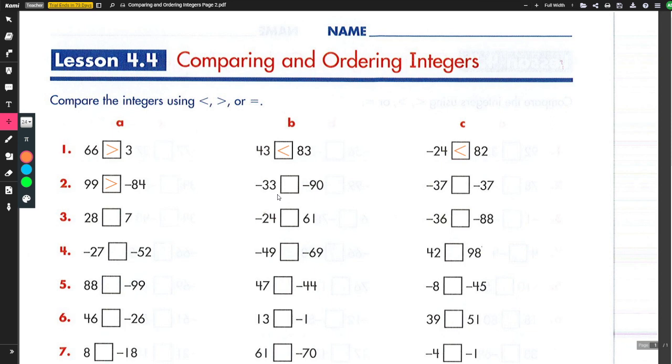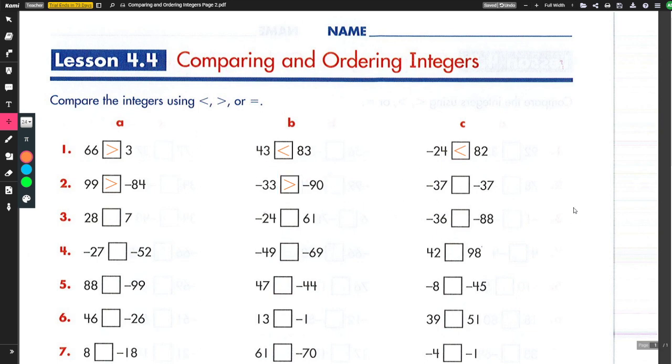Negative 90 degrees is a whole lot colder than negative 33 degrees. Another example is owing negative $90 is a lot worse than owing negative $33. So here, whenever you're comparing a negative to a negative, it's going to be the opposite of a positive and a positive, where 33 will be bigger than 90.